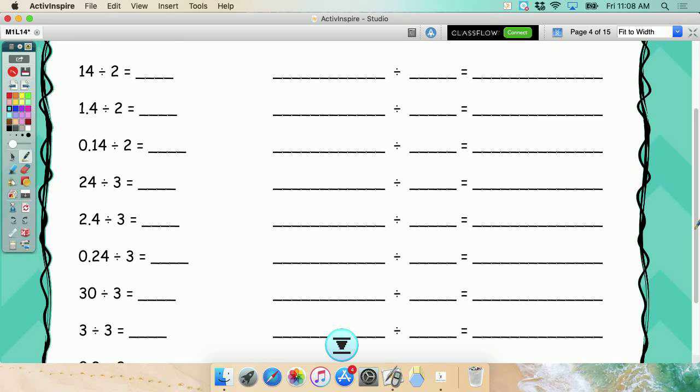Okay, so I'm going to have you work through these on your own here in a minute. But start out with, I'm going to change it to unit form. So this would be 14 ones divided by 2 equals 7 ones. So how do I write 7 ones in standard form? 7. Okay, so the next one.